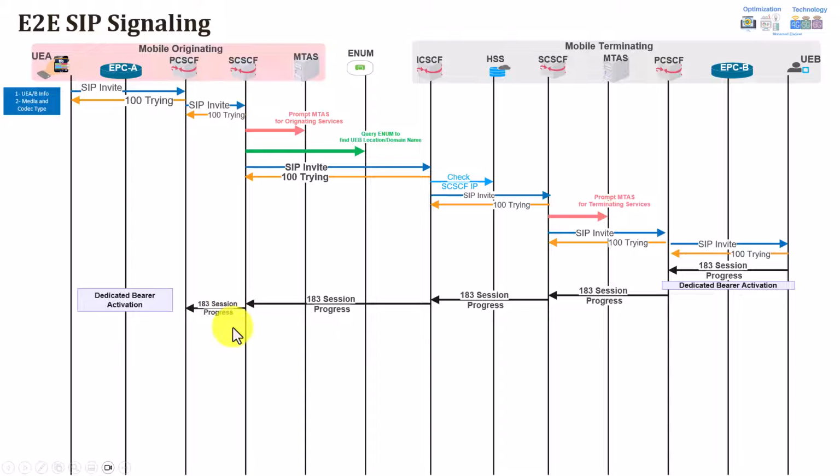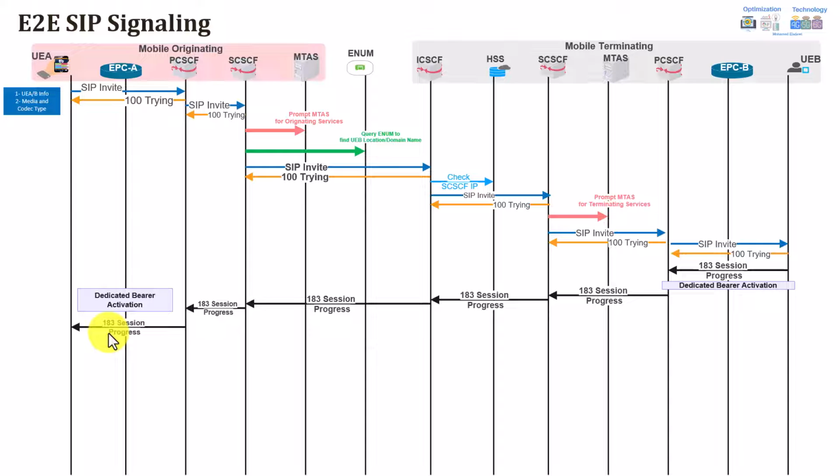Once the message having the SDP answer with the supported codecs of this user is received, the proxy will also request the EPC network to start activating the dedicated bearer. Once the dedicated bearer is activated and confirmed, the 183 Session Progress is forwarded to the device, and the originating UE will receive the answer with the supported codecs.